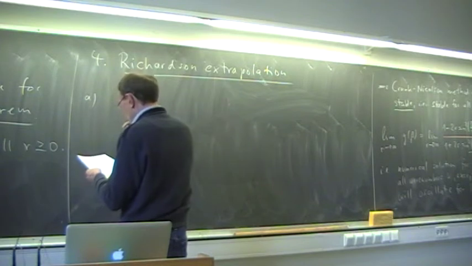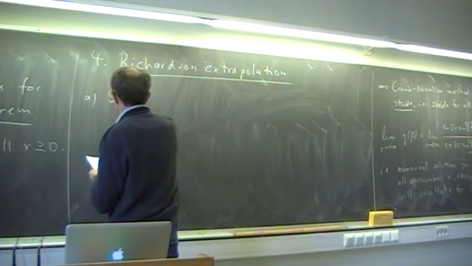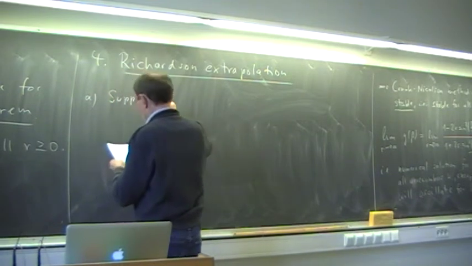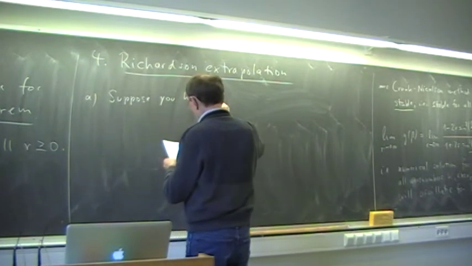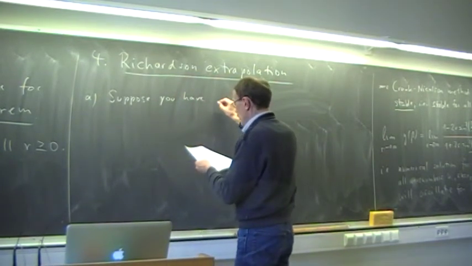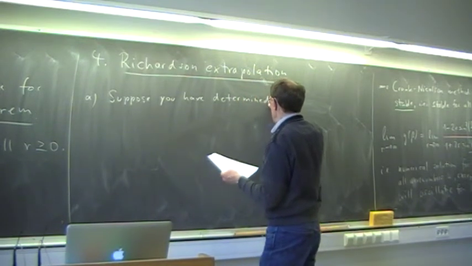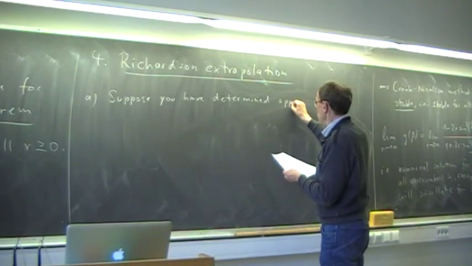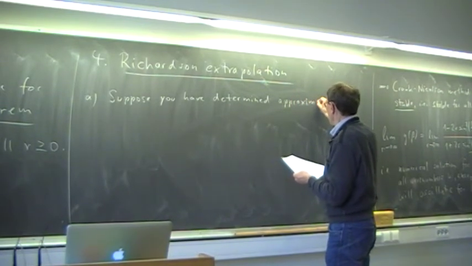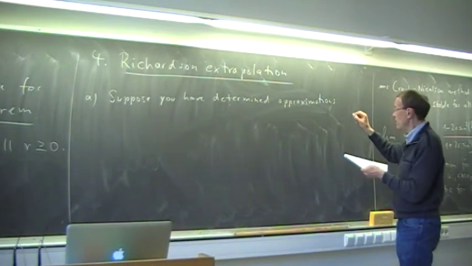Suppose you have determined, that means you have used some, in that case, some ODE method, and determined the approximations. And I shall now introduce a notation that is the following.